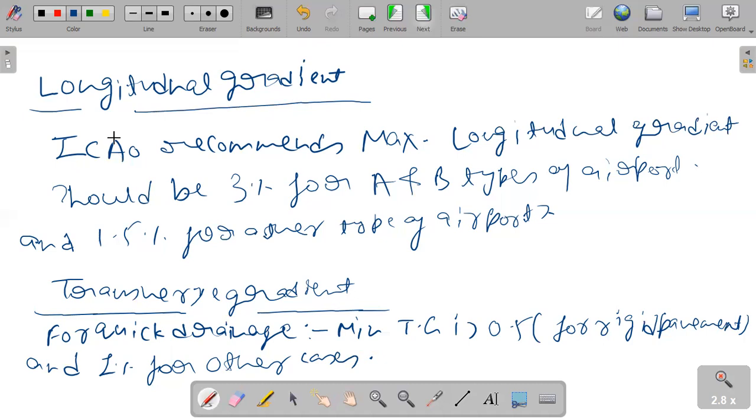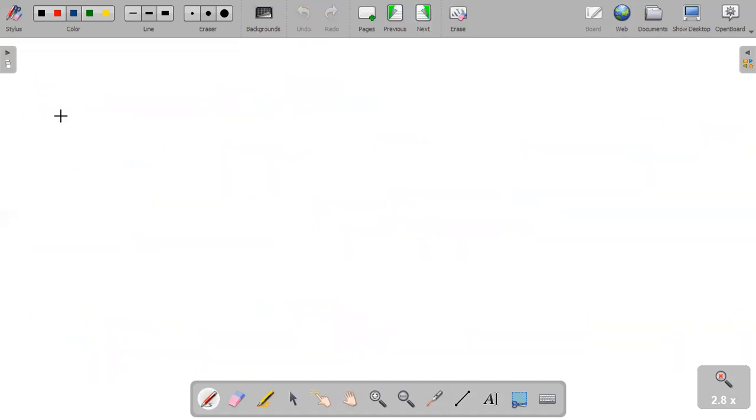So, rate of change of longitudinal gradient.